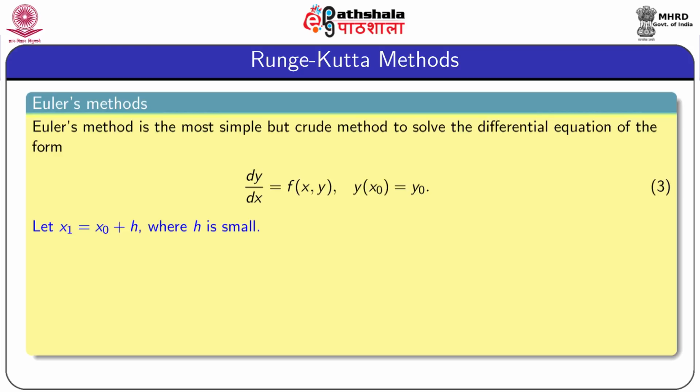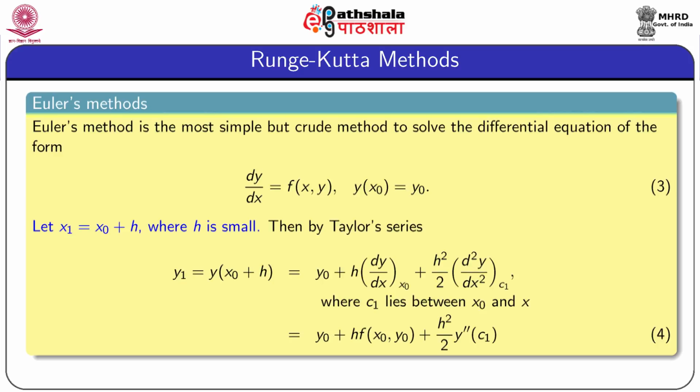In general, h is a positive quantity. Then by Taylor series, y1 = y at x0 + h, and by expansion of the Taylor series it becomes equation 4, that is, y0 + h f(x0, y0) + (h²/2) y''(c1), where c1 is a constant lying between x0 and x.